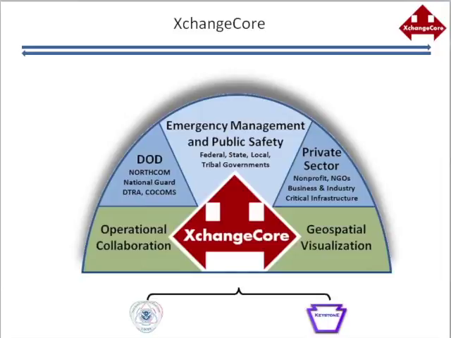Groups that, for those of you who've tuned into any of the SABRE exercises or SABRE presentations, private sector now becoming a very good provider of information to the XchangeCore orchestrator that then allows it to be shared out to the appropriate government agencies.